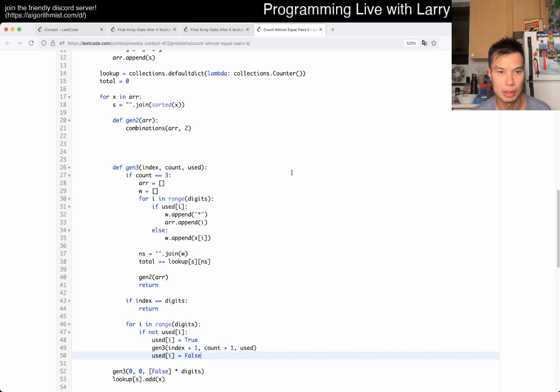I could rewrite this part too, actually. So then now we have tuples.